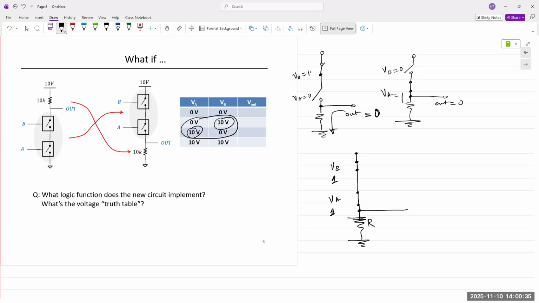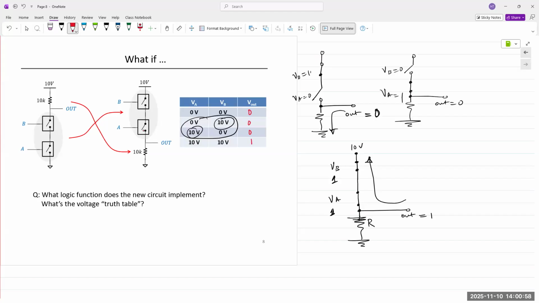This is the only case where output also is logic 1. Okay, for all other cases, output's always 0. So output goes high only when both inputs are high. For all other cases, it's 0.